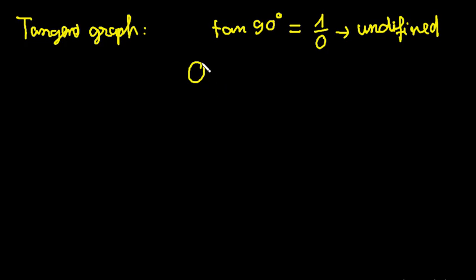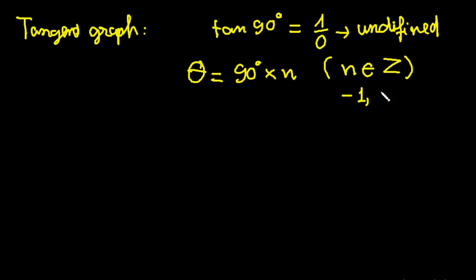So for any angle in the form of 90 degrees multiplied by n, where n is an integer, positive or negative, like -1, 10, -100 or something, it must be an integer in this form. So the value of the tangent is undefined.